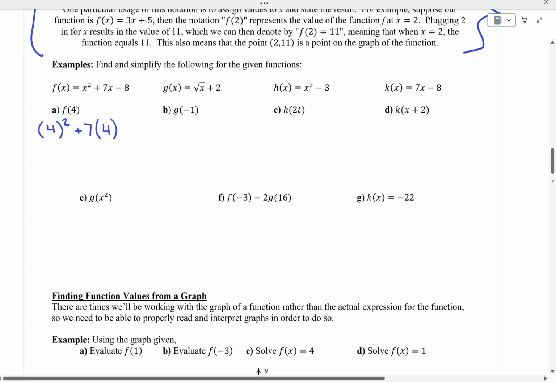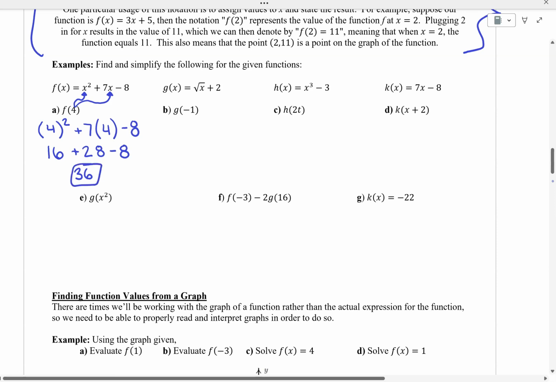Every spot I see an x, I am going to plug that in. So that's going to go there and here. Okay, so 4 squared is 16. 7 times 4 is 28. And then we're going to drop that minus 8. Now make sure you do your math left to right. 16 plus 28 minus 8 is going to give us 36.